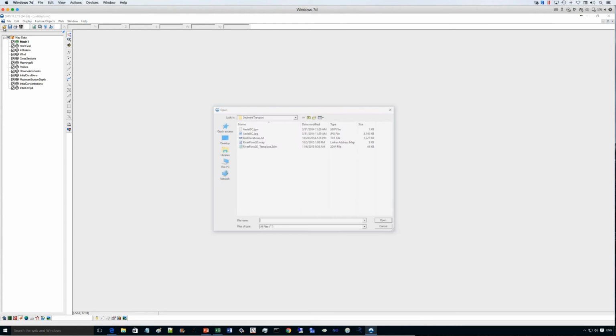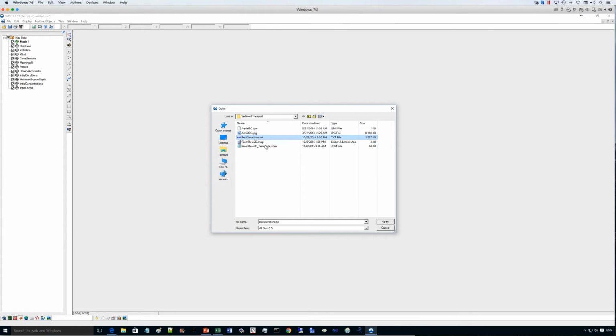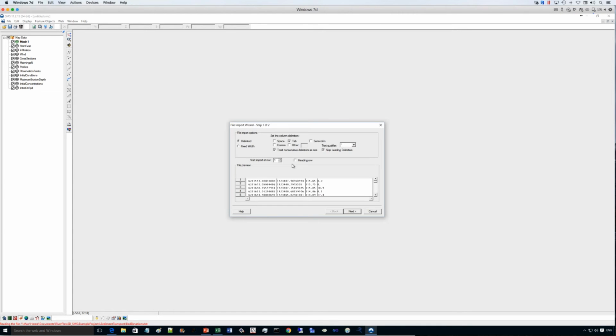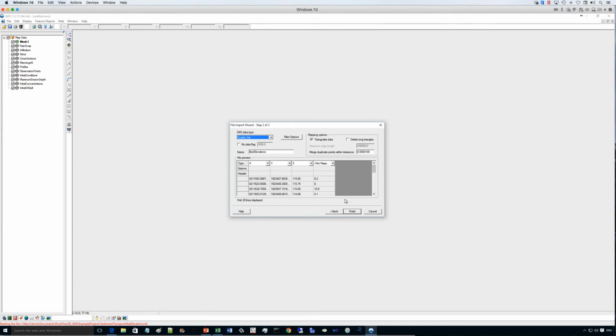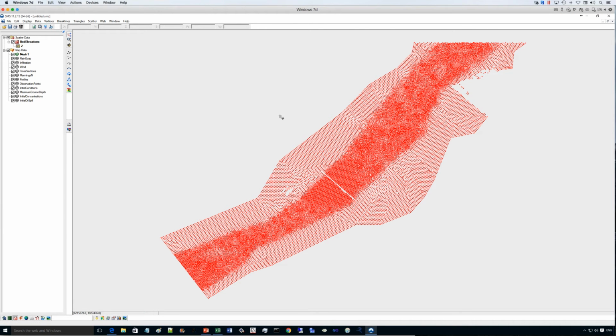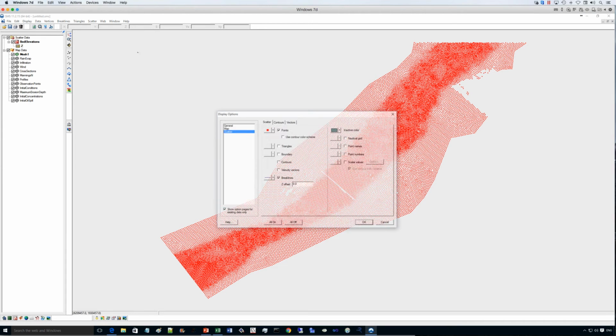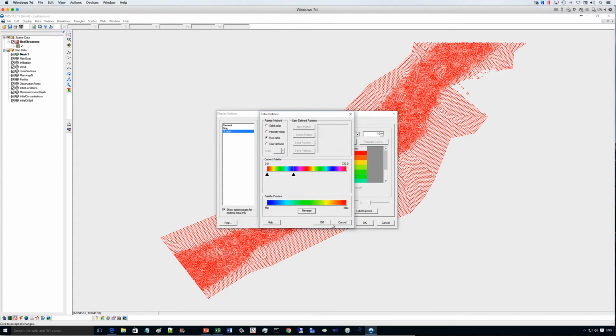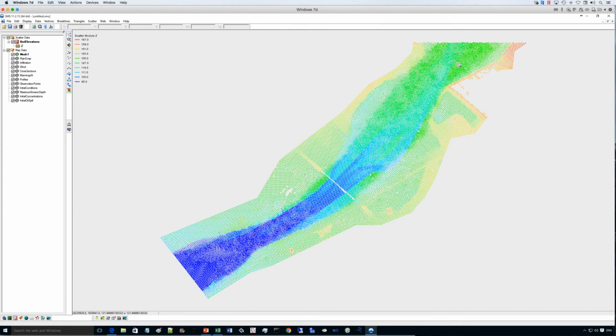I will import now the bed elevations, and I'm using the import wizard. This is a very convenient way to enter data in many different formats, and I can color this based on the contour scheme. So I'm using the rainbow scheme here, which is useful to understand what the points mean.